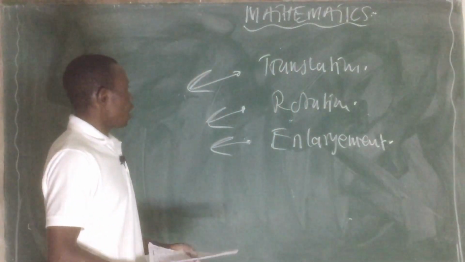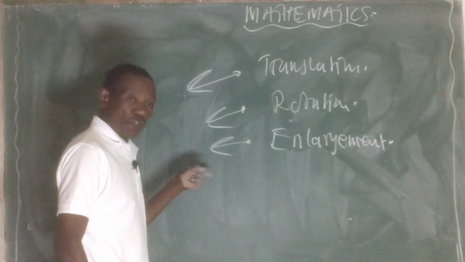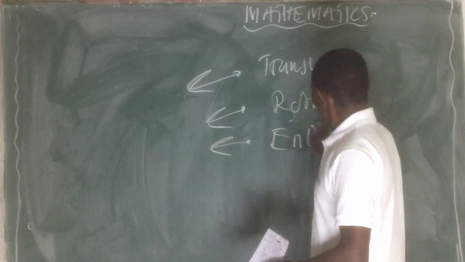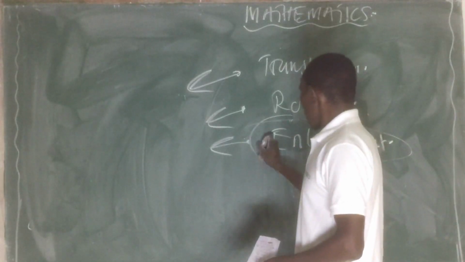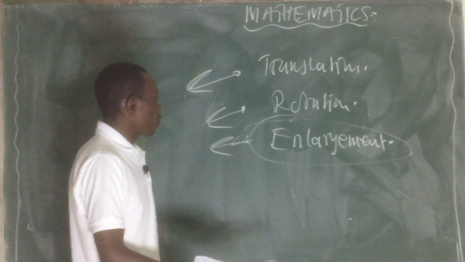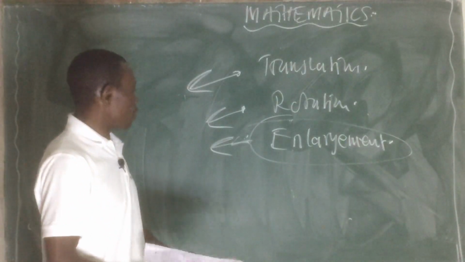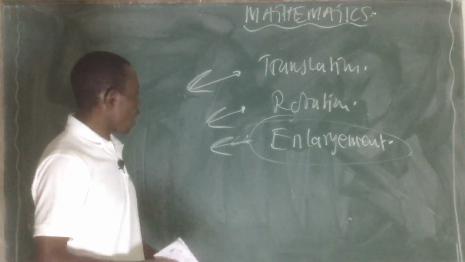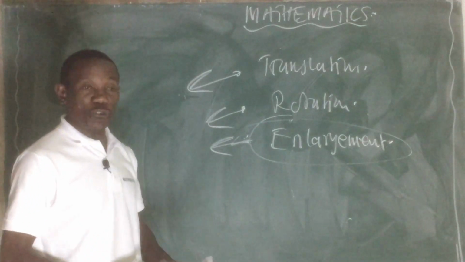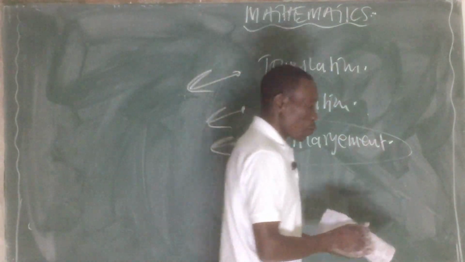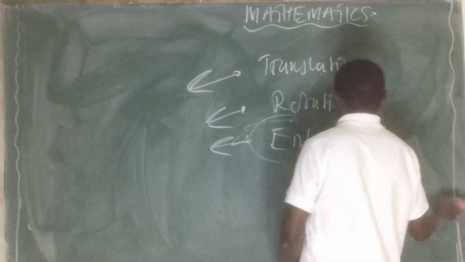As we did with translation and rotation, we are first of all going to discuss what enlargement is about. Then we're going to take ourselves through the activities that we need to know. Each time you're asked in the exam how to enlarge an object, you should be guided by what we're going to discuss here.